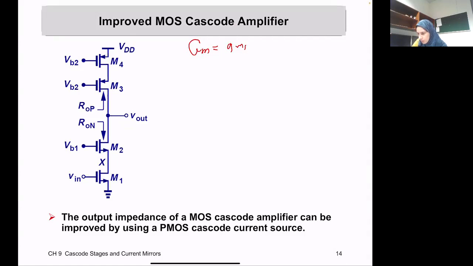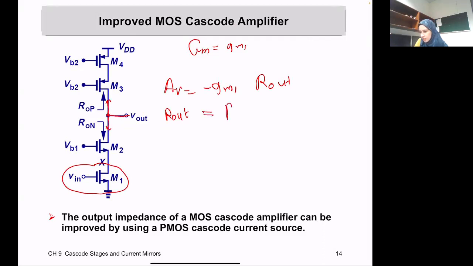So Vn equals minus Gm1, the Gm of the main transistor, multiplied by R out, and the R out will be the parallel combination of them.